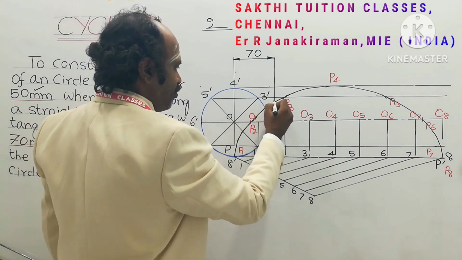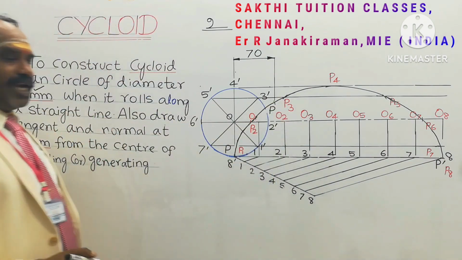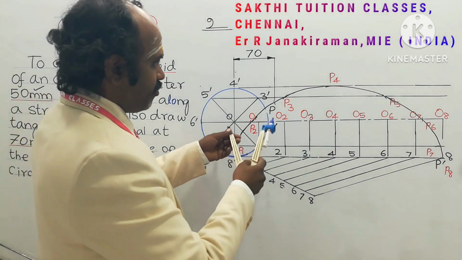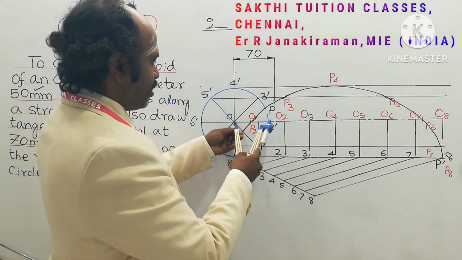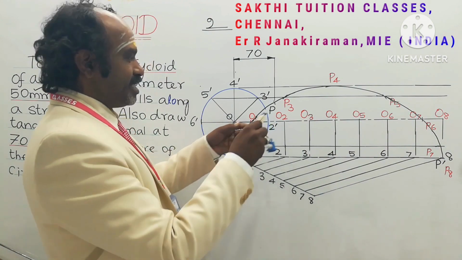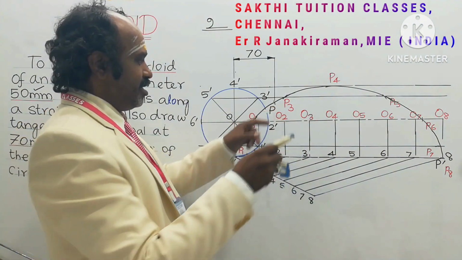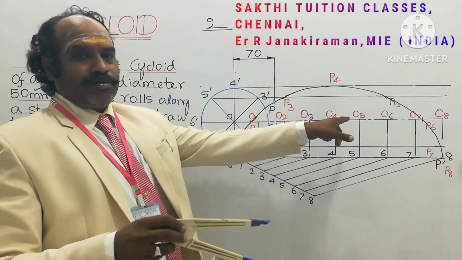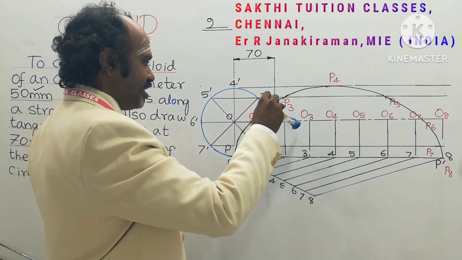So for this marked point P, I am going to draw the tangent and normal. Okay, so take the radius of the rolling circle in your compass. Keeping P as center, this is the located point P, cut an arc on the line passing through O of the circle, the center line, that is the axis center line.